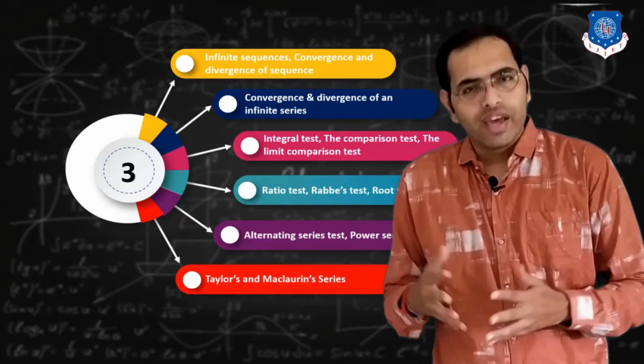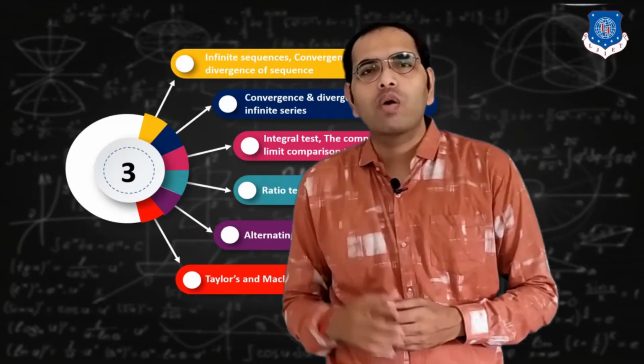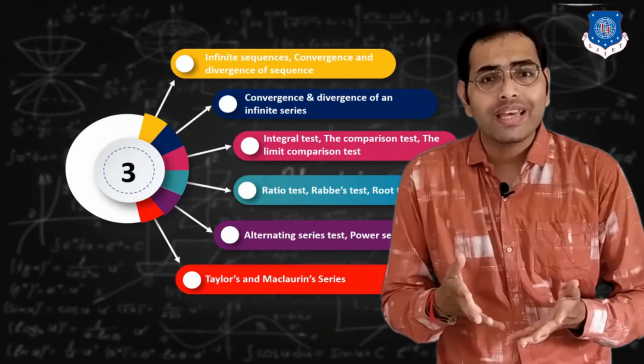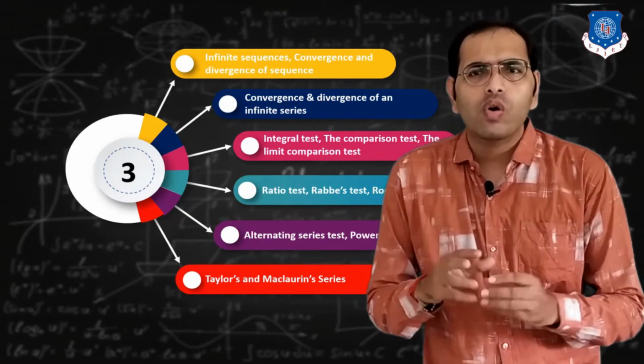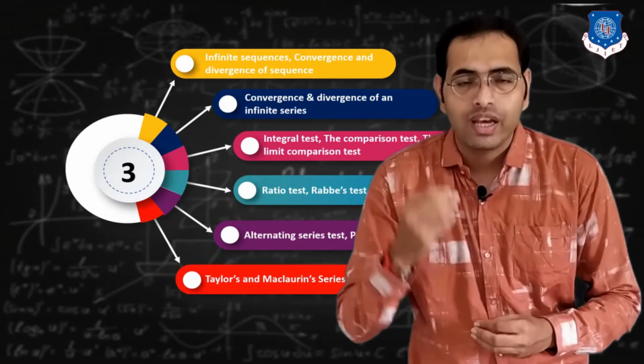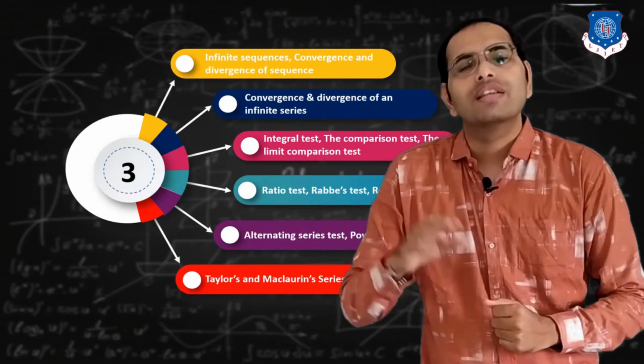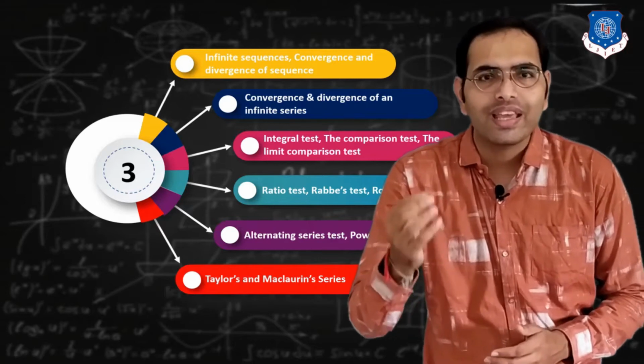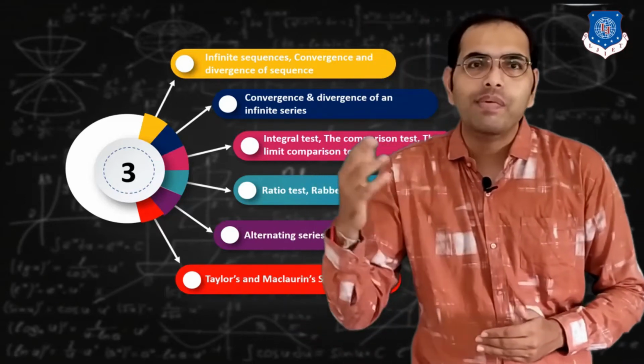We are all aware that the value of tan 45 is 1. Now, suppose in a university exam a faculty asks you to find the value of tan 44 degree, sin 44 degree, or sin 43 degree, then you cannot get the answer without a scientific calculator.